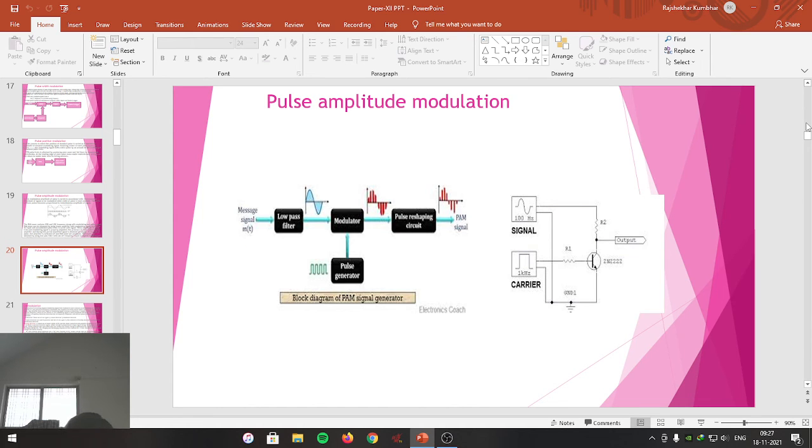In digital modulation, we covered amplitude shift keying, frequency shift keying, pulse code modulation, pulse width modulation, pulse position modulation, and pulse amplitude modulation. That covers almost all types of modulation process, including analog as well as digital modulation.